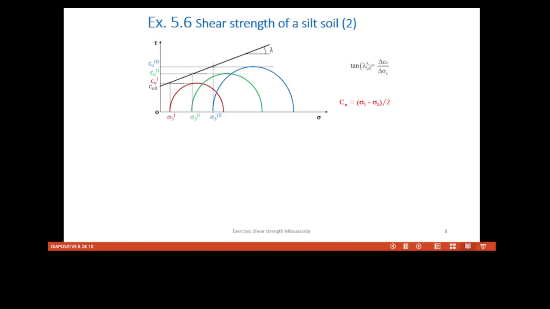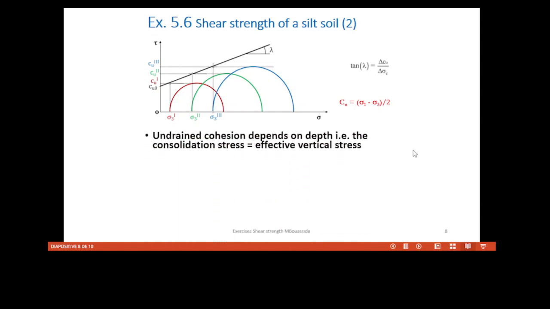And this ratio tangent lambda is the increase of Cu, that means the radius of the circle, when the consolidation stress increases. So the undrained cohesion depends on depth, because depth is referring to the consolidation stress, that is the effective vertical stress. So we know that at 3 meter, Cu is 15 kPa.